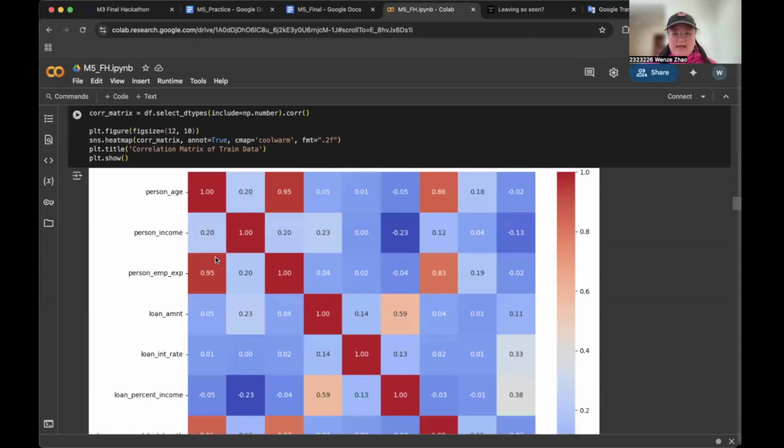These features are loan interest rate, loan amount, loan percent income, credit score, and credit history length.